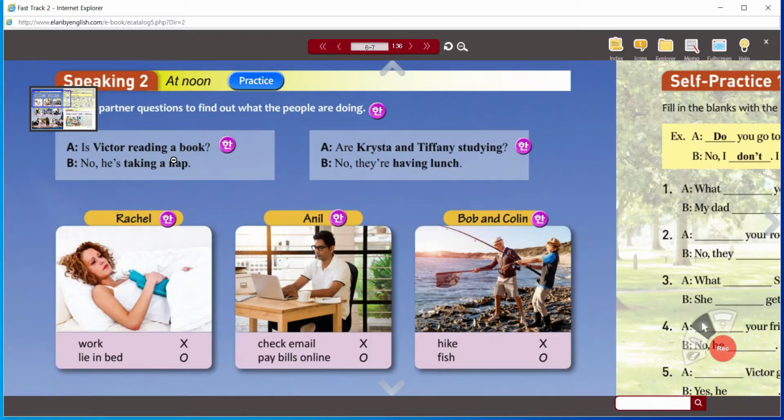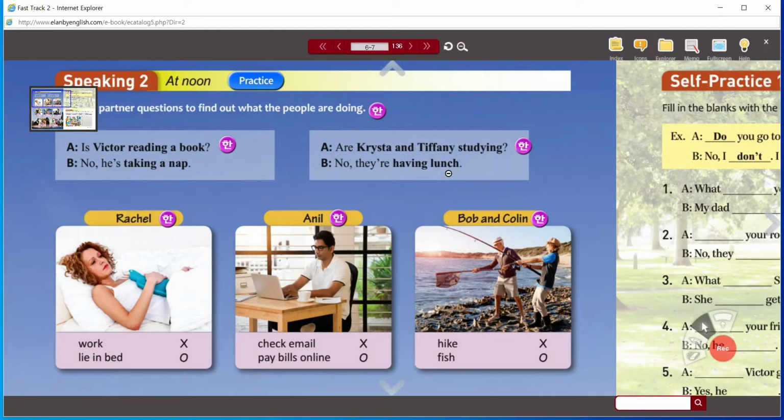Okay. Same thing when you're talking about a group of people. So in the previous page, we talked about the Wilsons. Are the Wilsons studying? Are Krista and Tiffany studying? Okay. Yes, they are studying. Or in this case, no. They are having lunch.